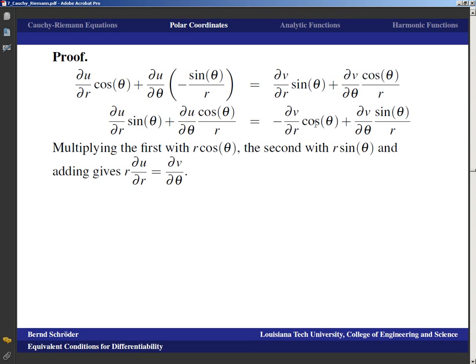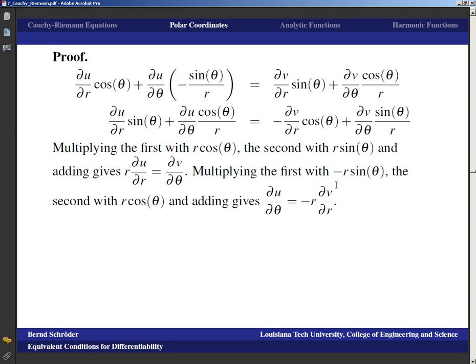And if I multiply the top with r cosine theta, I get dv/dθ cosine squared theta. Multiply this one with r sine theta, I get dv/dθ sine squared theta. And if I add that up, then sine squared plus cosine squared gives us 1. So I get dv/dθ here. And similarly, multiply the first with negative r sine theta and the second one with r cosine theta.